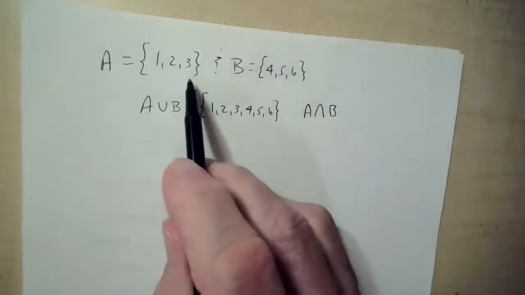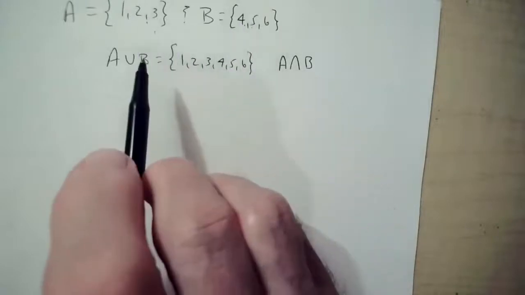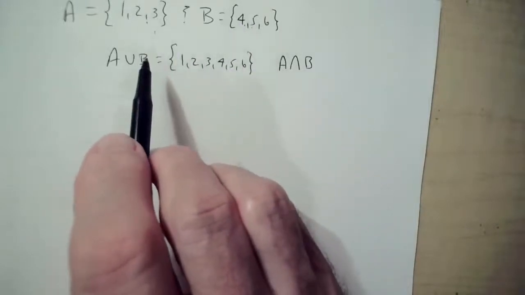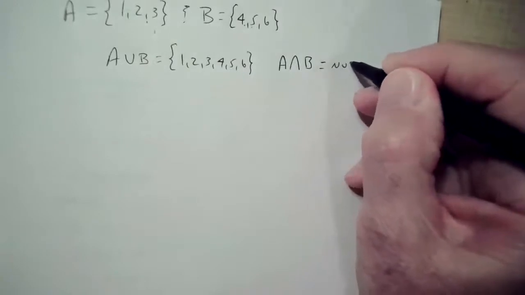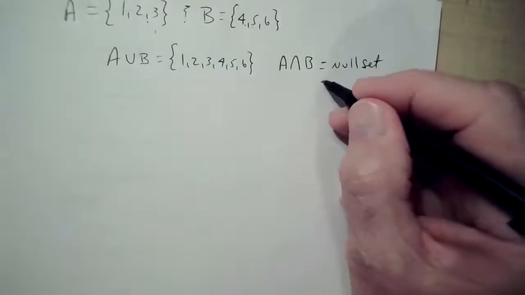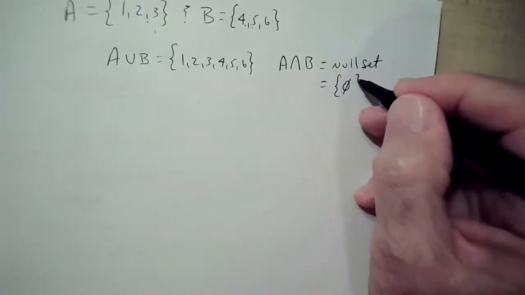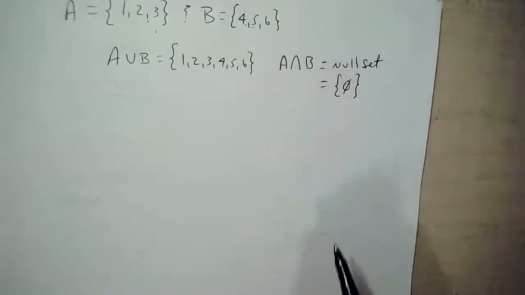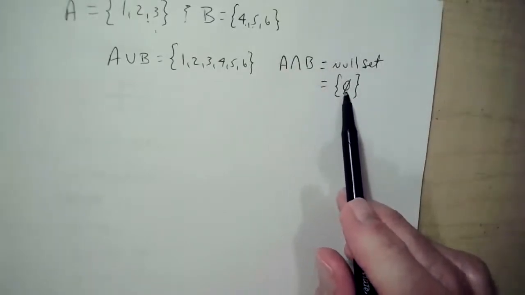And what is A intersect B? Which ones are common to both of these? None. This is called the null set, or you can say 0 with a line through it.